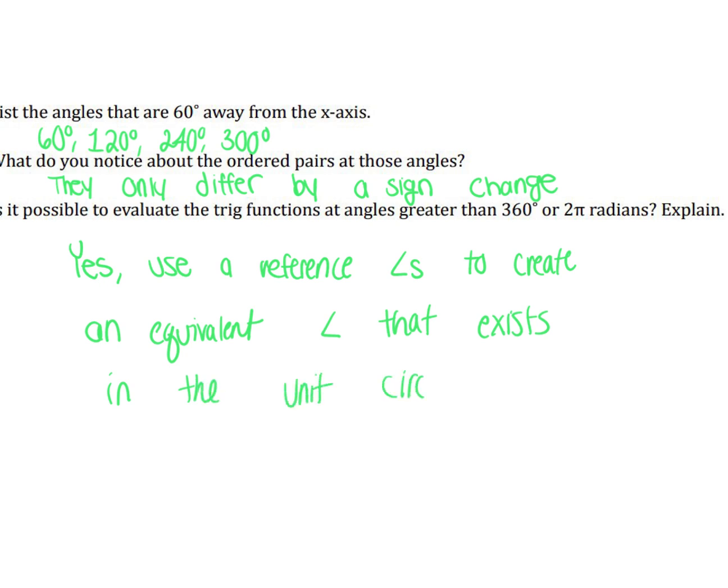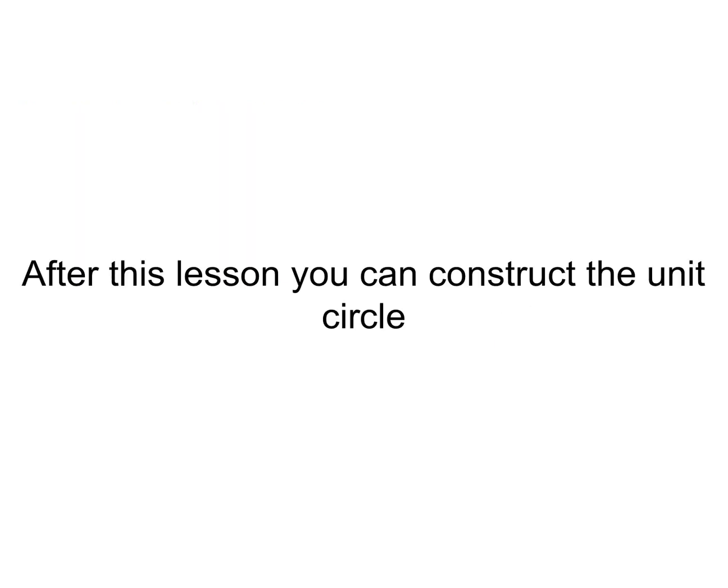And so those angles included those ones that we had that are between 0 and 360 degrees, or 0 and 2 pi. After this lesson, you could actually now construct the unit circle.